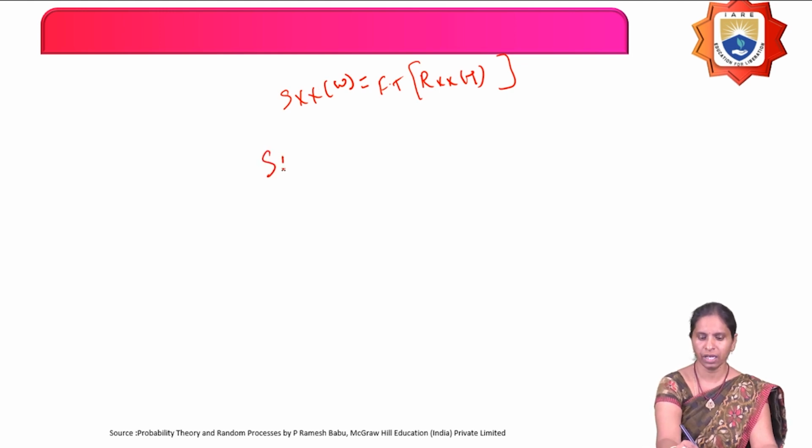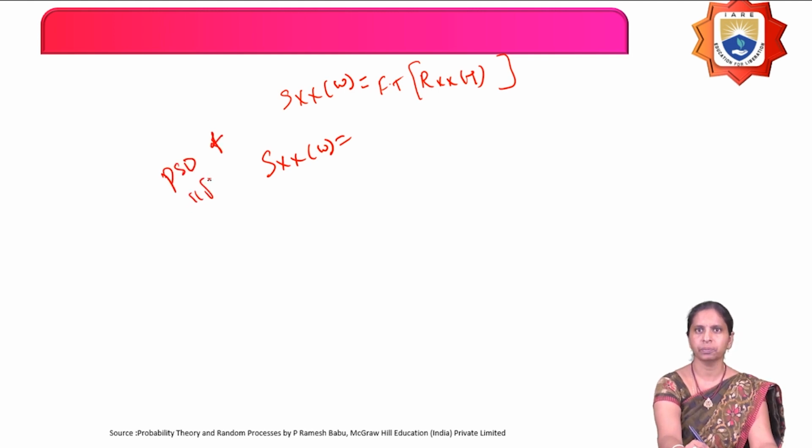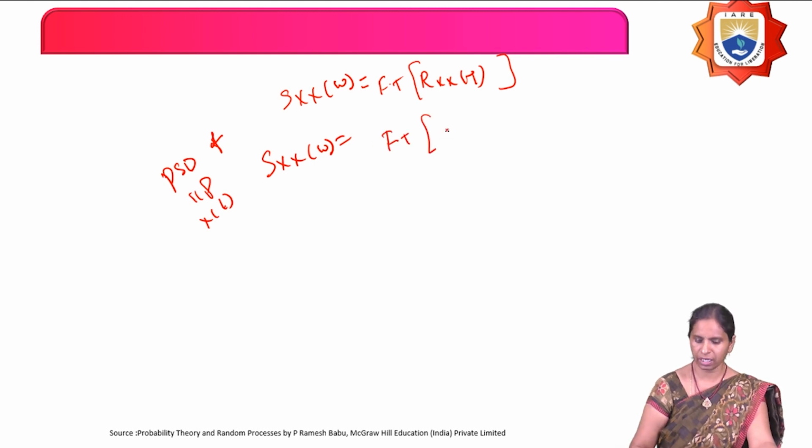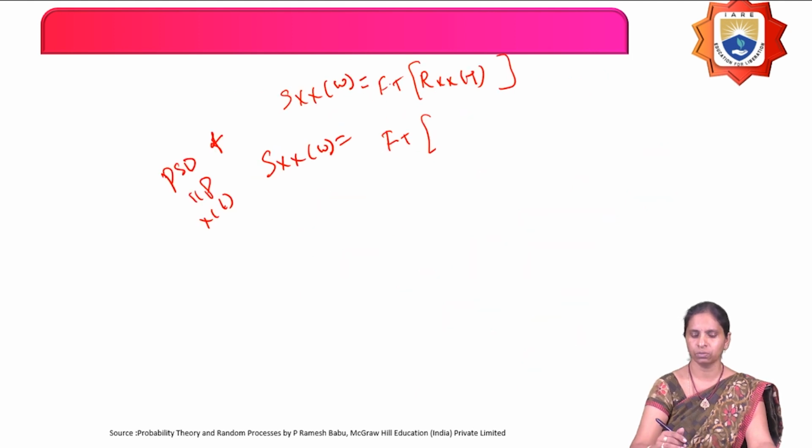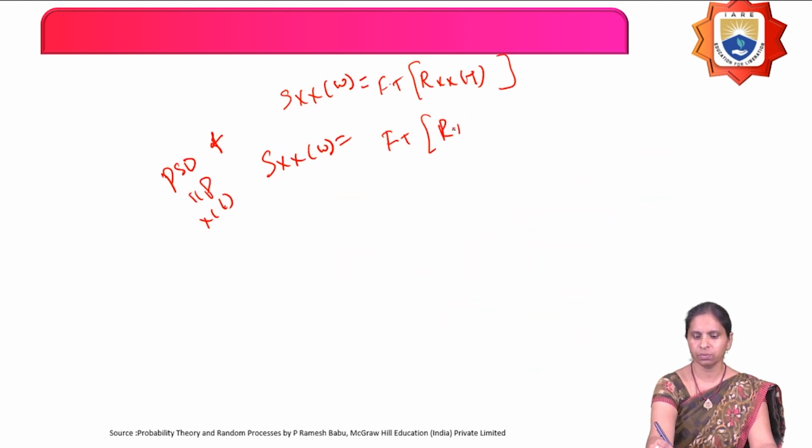Now, calculate Sx of omega, the power spectral density of the input random process x of t. That equals what? The Fourier transform of Rx of tau, which is given as e power minus mod tau. So, what is the Fourier transform of the autocorrelation function?